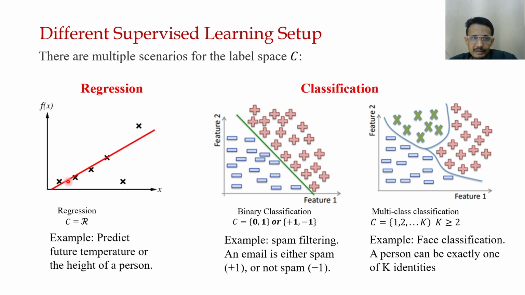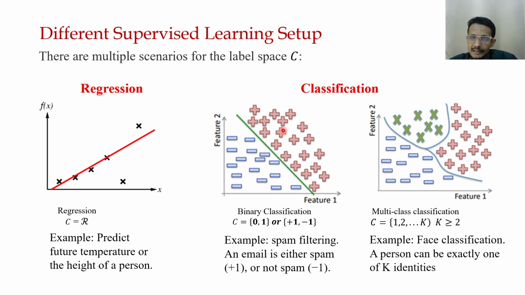For this example, it is a line, that means it's a linear regression, but it may be any curve. So, for this example, we predict some values, which may be a temperature or the height of a person. Given this data, we try to find this line so that for any value on the x-axis we can get the corresponding y value.